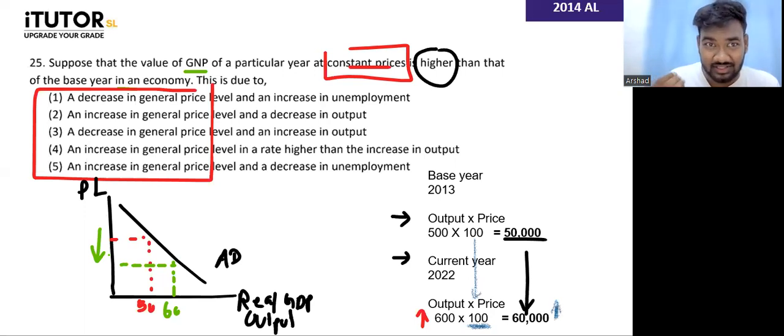That's why the examiner wants you to think a little out of the box. He tries to tell you, using these constant prices, figure out what happens to output. Output is going up. Then use your knowledge of aggregate demand and you will figure out that when the real output increases, prices are falling.